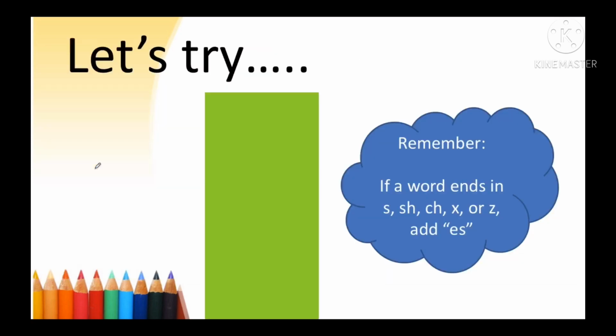Now let's try. So, you need to remember this one. If a word ends in S, SH, CH, X, or Z, we will add ES. So these are our singular forms.